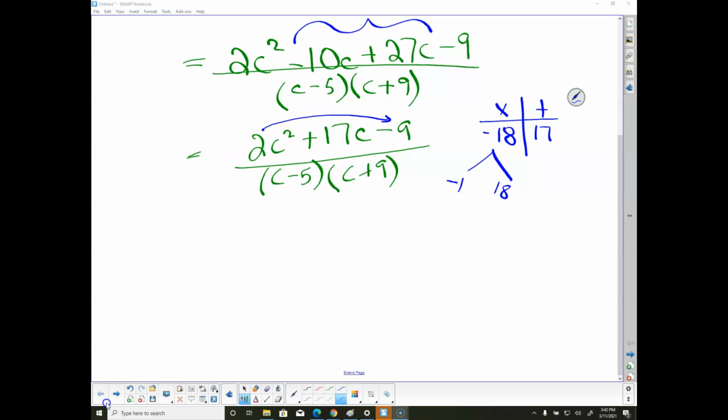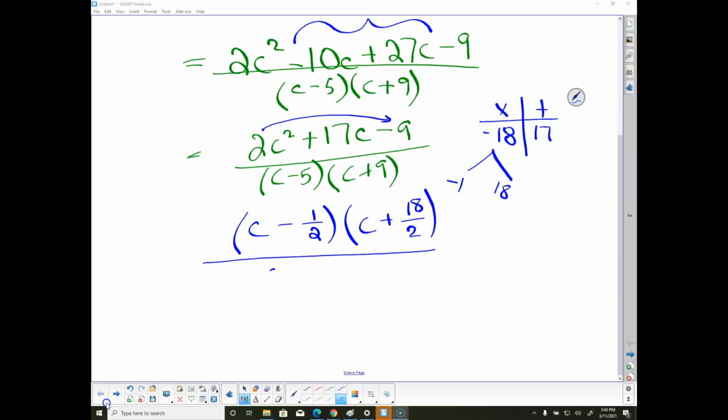Okay, so I can rewrite this all as c minus 1 over 2, and then I have c plus 18 over 2. Right? And then I rewrite the denominator again.